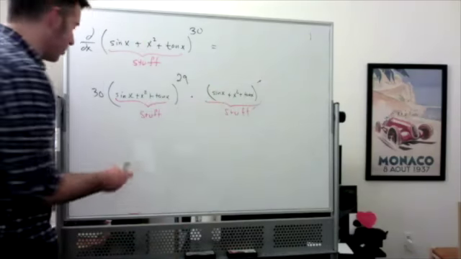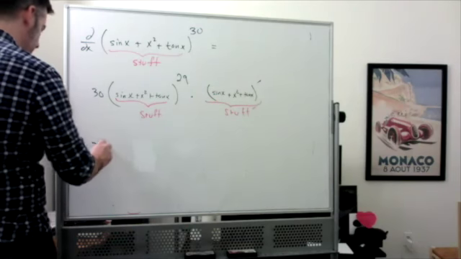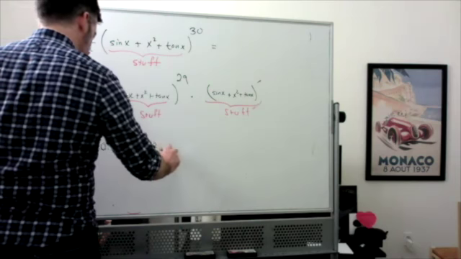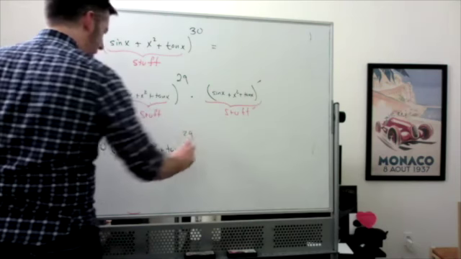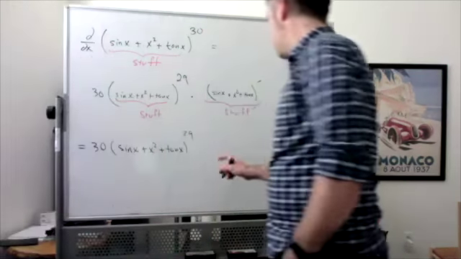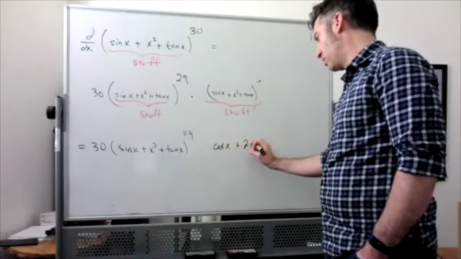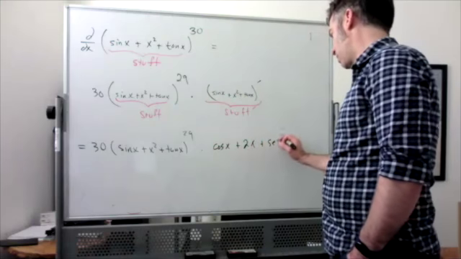Usually you would probably do this in one step. You'd say it's 30 times my stuff to the 29th power times the derivative of the stuff, which is cosine x plus 2x plus secant squared x.